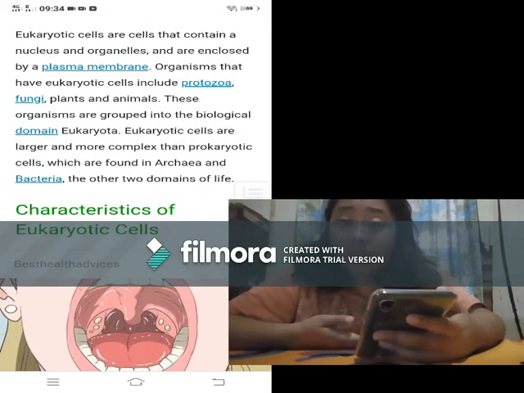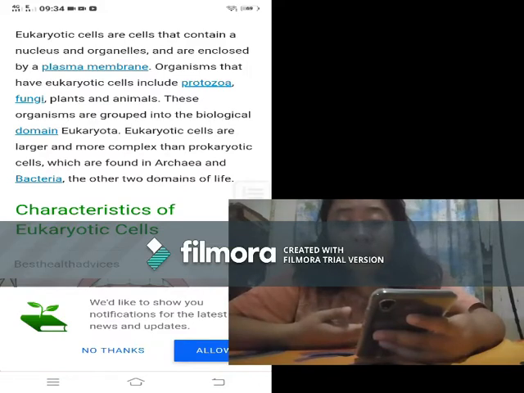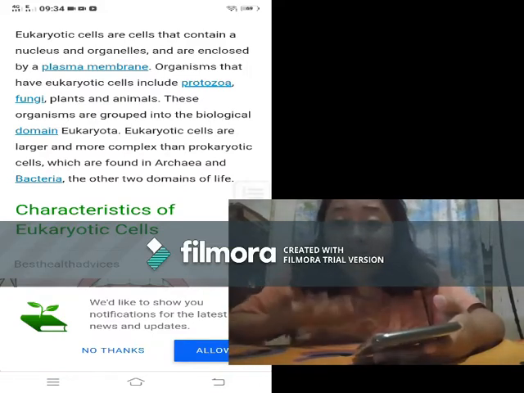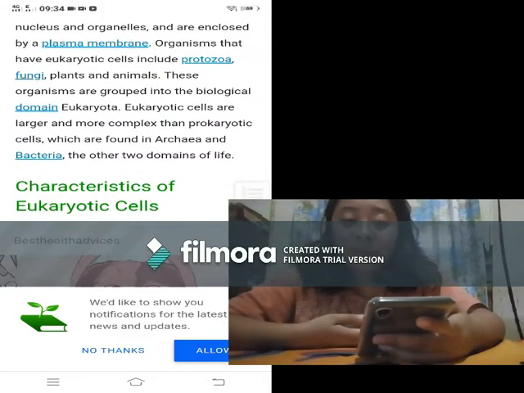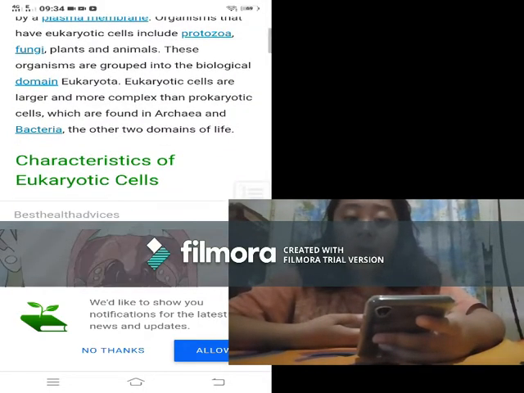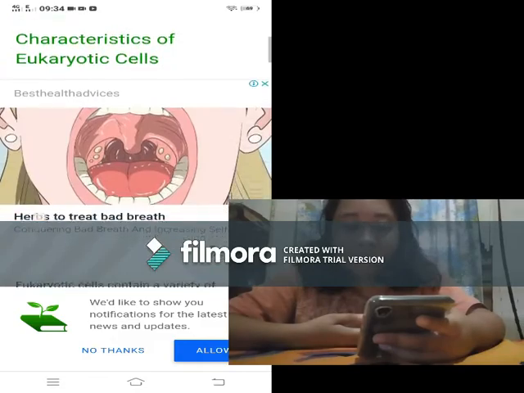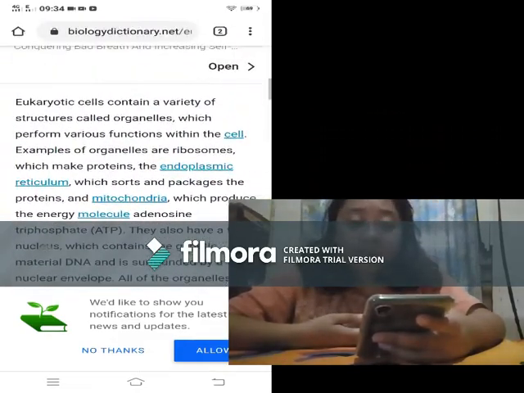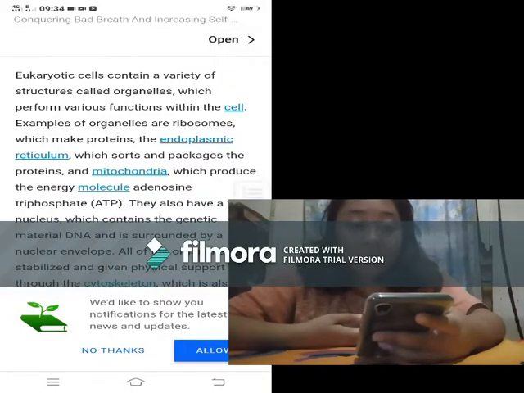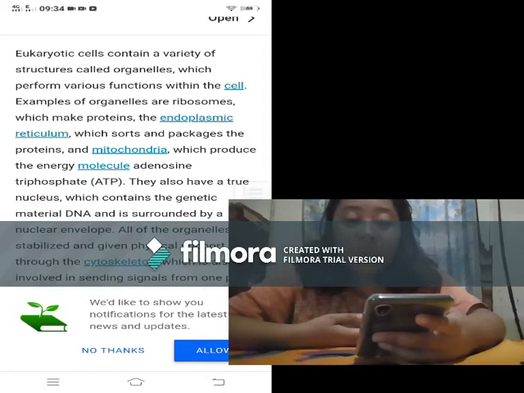Eukaryotic cells are larger and more complex than prokaryotic cells. Imagine 10 times bigger than the prokaryotic cell, which are found in archaea and bacteria, the other two domains of life. Eukaryotic cells contain a variety of structures called organelles, which perform various functions within the cells.